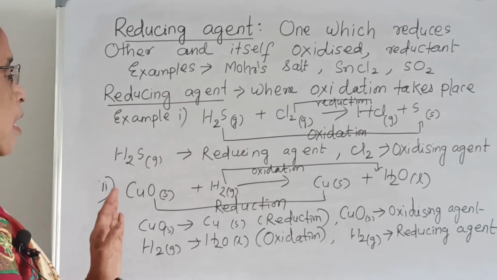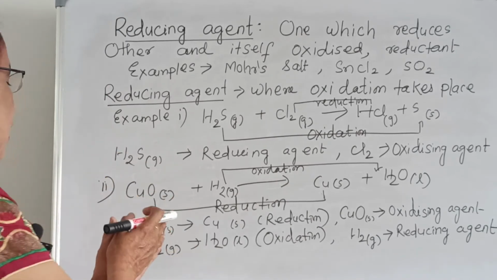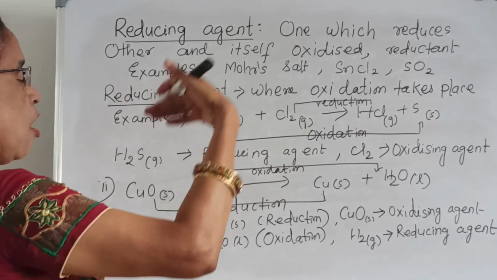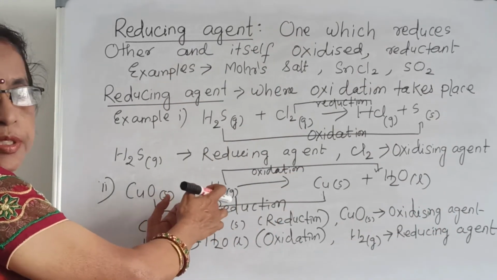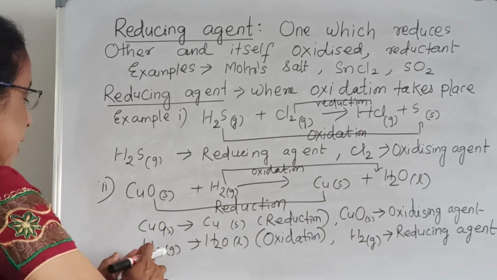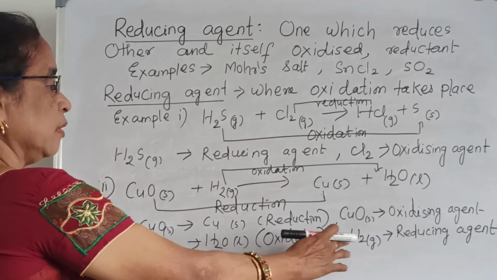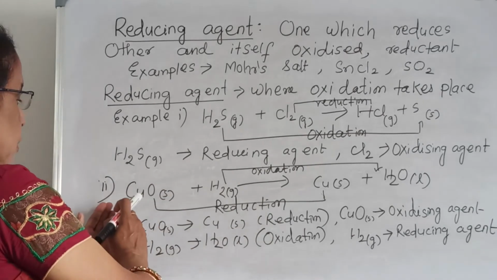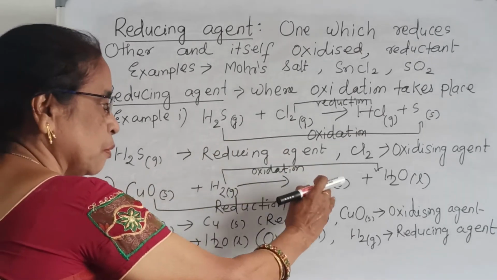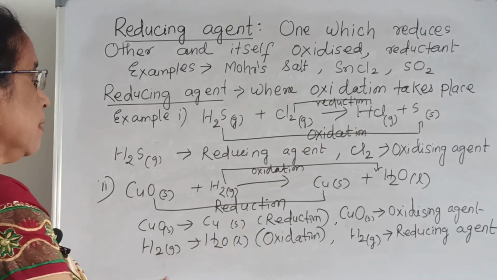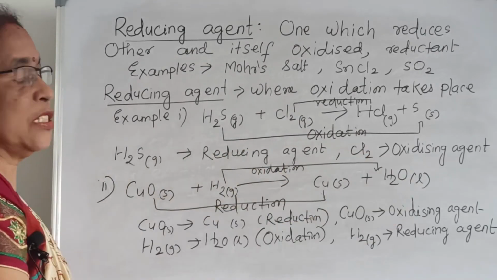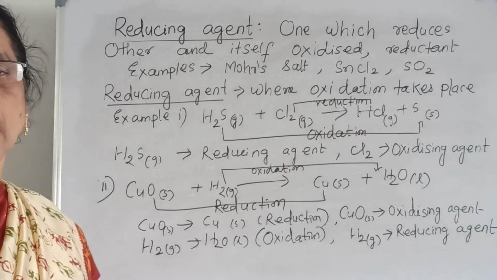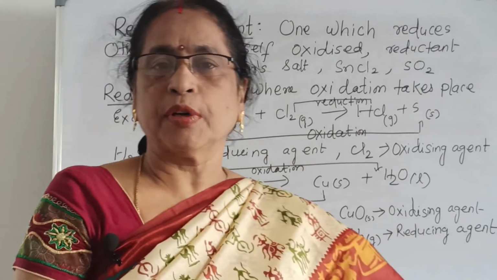That means CuO acts as an oxidizing agent because it oxidizes hydrogen to water, and H2 acts as a reducing agent because it reduces copper oxide to copper and itself is oxidized.